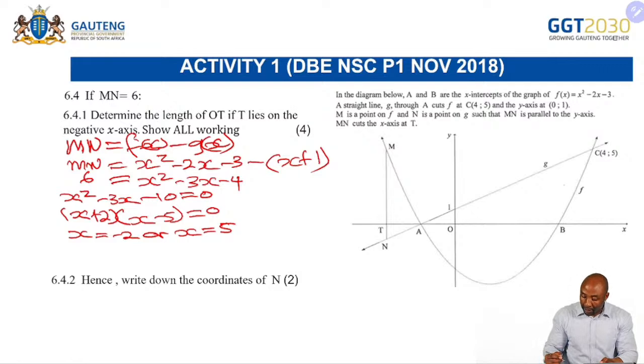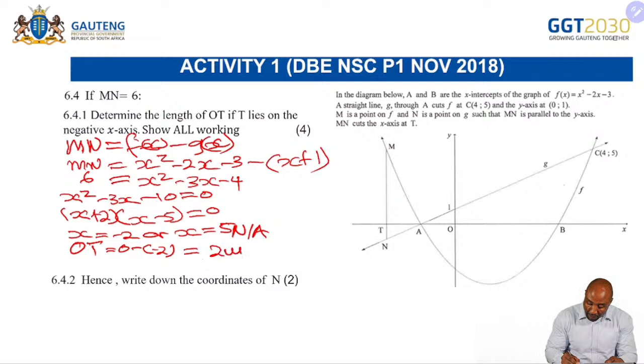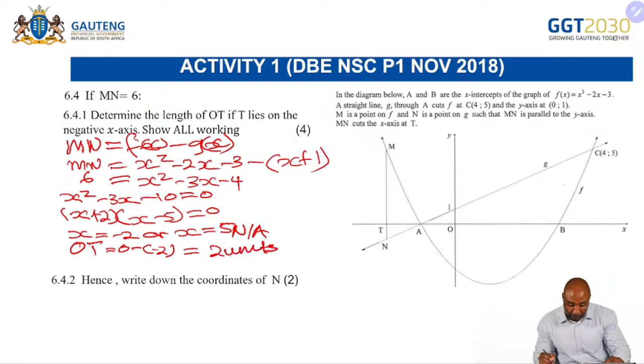You are able to see that for that point T, our x cannot be positive, hence this is not applicable, but we haven't answered the question. The question is calculate the length of OT. So the x value at point T is negative 2. Remember, for us to get OT, it will be the x value on the right, giving us 0 minus negative 2, and that will give us our answer as 2 units.